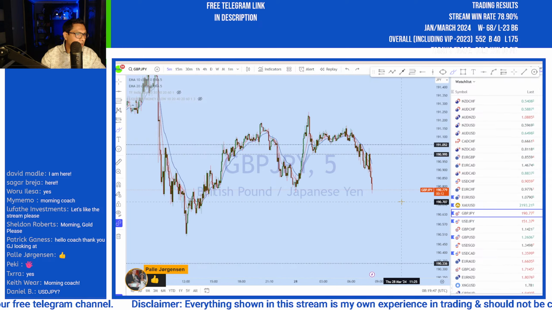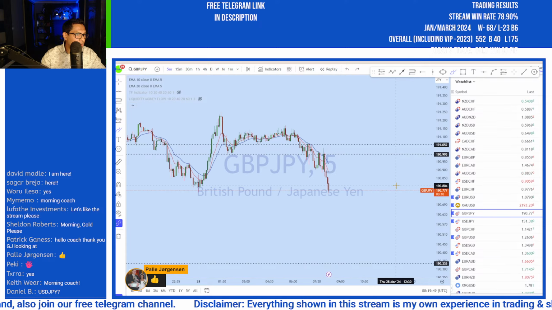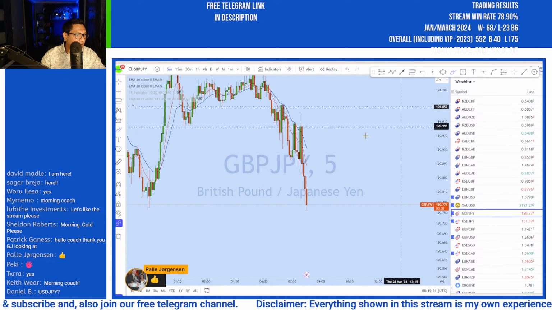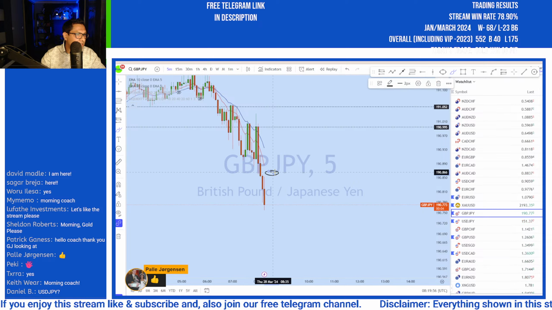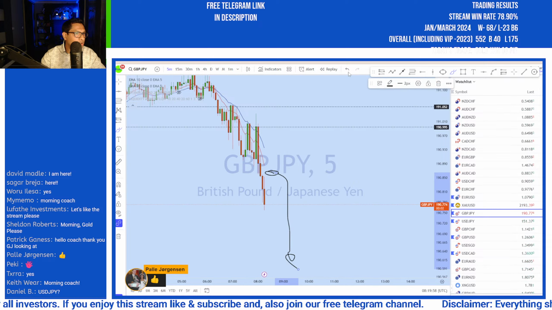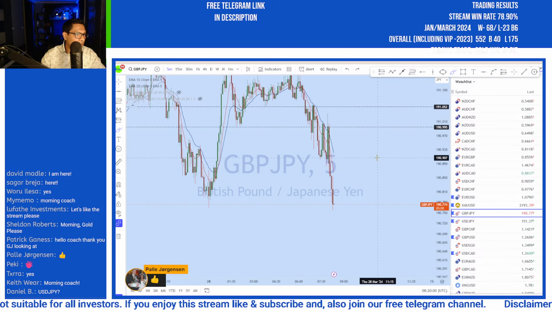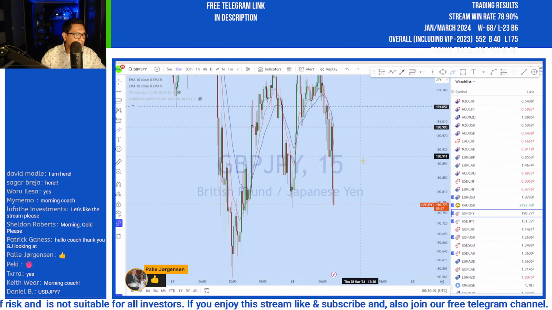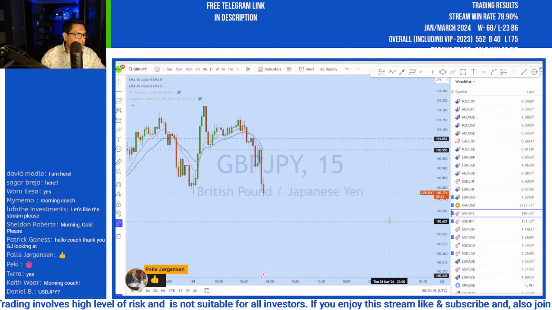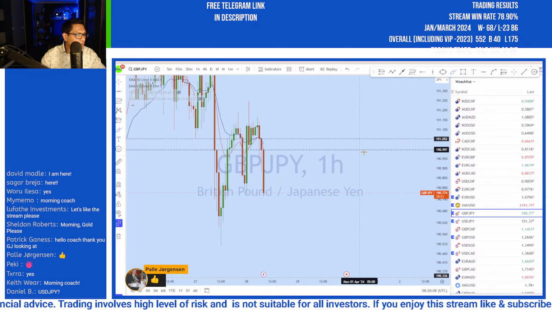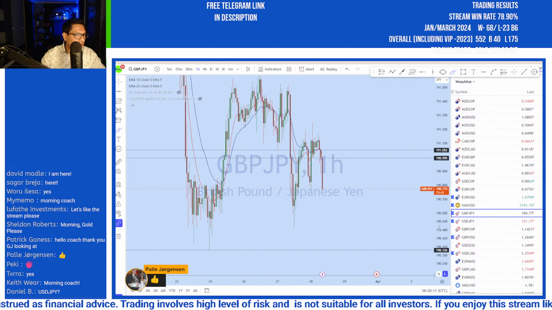So this is what I will be waiting on GBP JPY for. Any kind of liquidity grab from the resistance will be an opportunity for a short sale on GBP JPY. Okay, so let's see where we can find that entry opportunity.